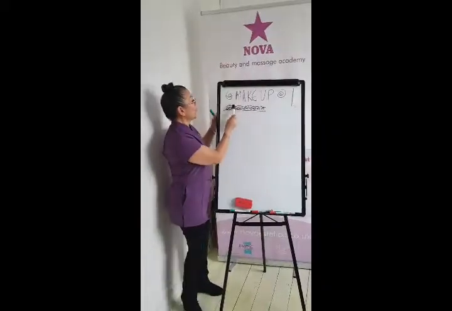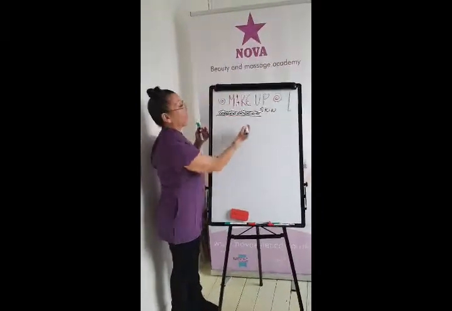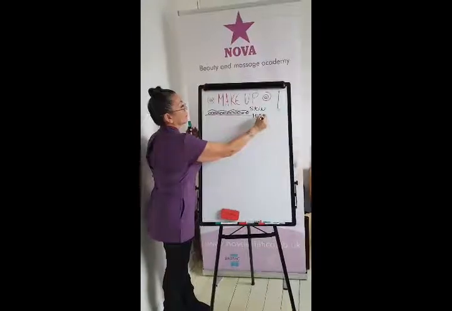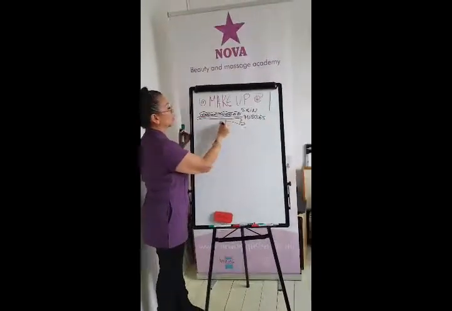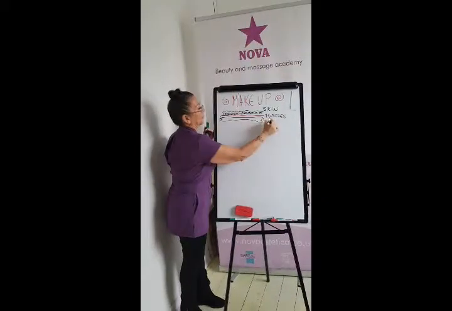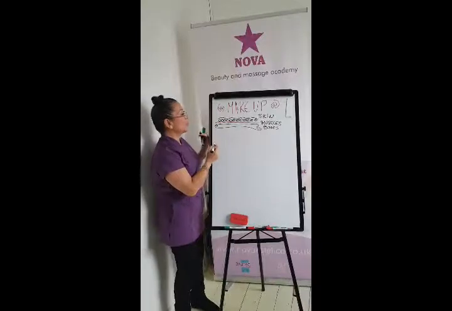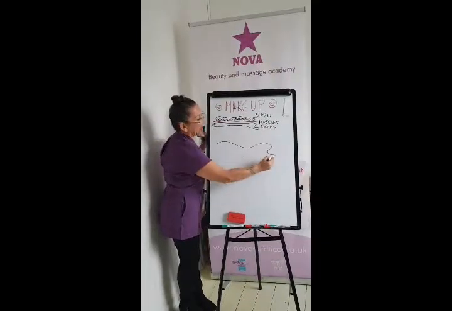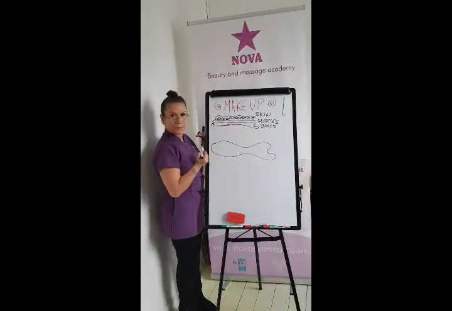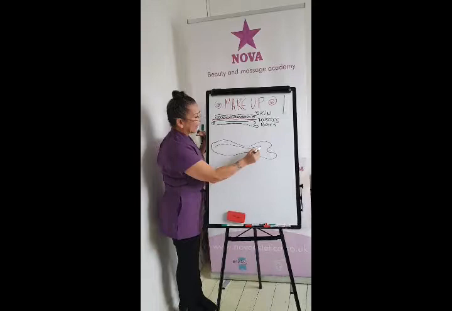Okay, so we have the skin, we have the muscles, and now we have the bones. Our bones are again cells, hard cells, that some of them have cavities.